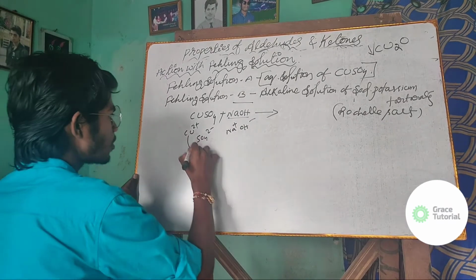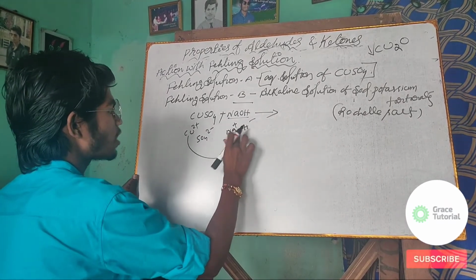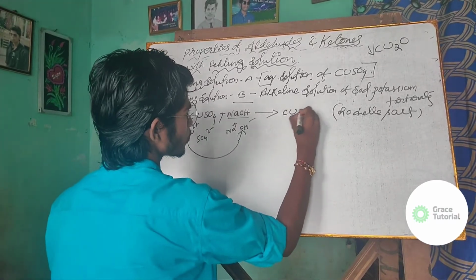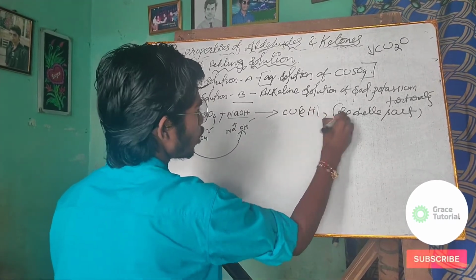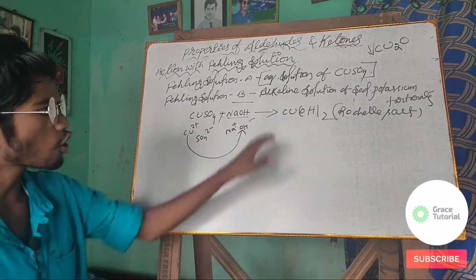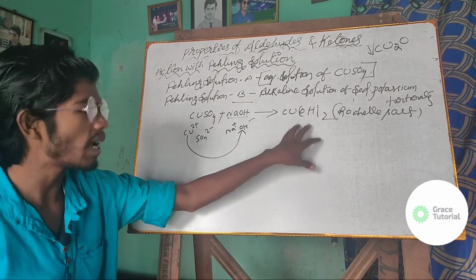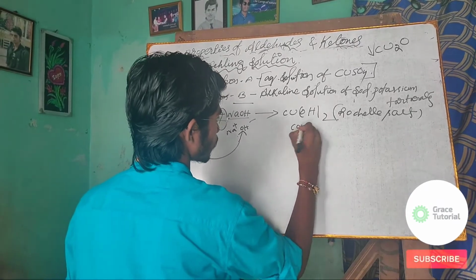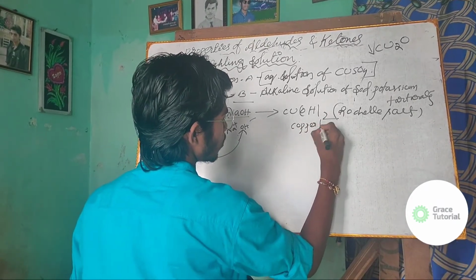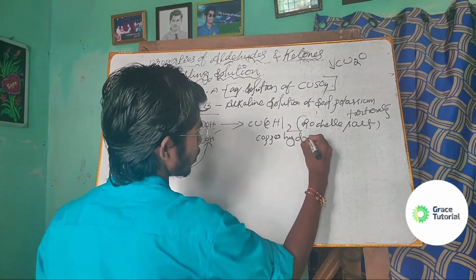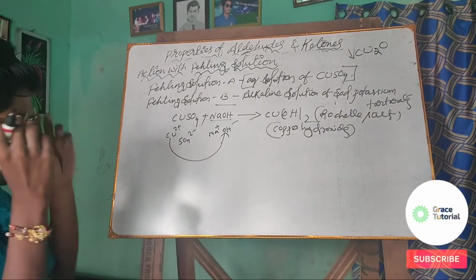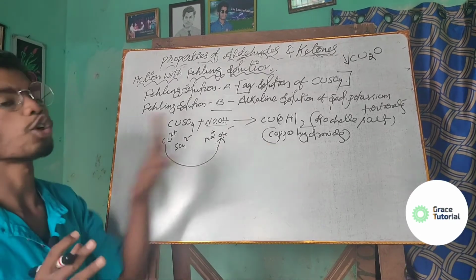The positively charged part of one reacts with the negatively charged part of the other. In this way, Cu(OH)2, copper hydroxide, a base, is obtained. And this is the Fehling solution.